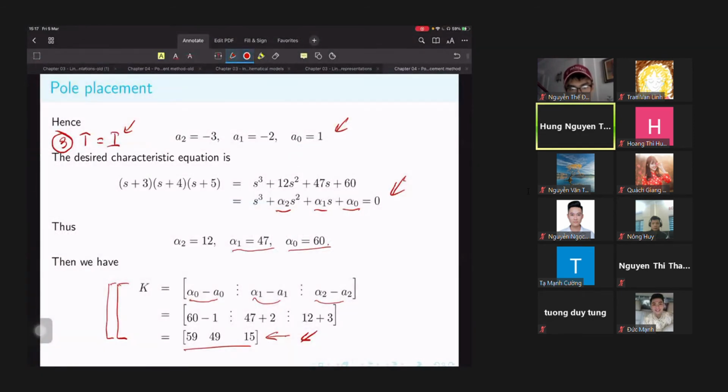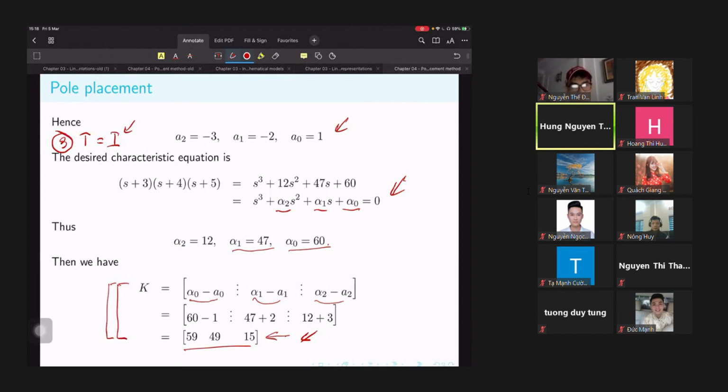Okay, now we move to the next example. I think I need to make another example. Even though I didn't prepare for this, it should be better if you find another example to practice on.